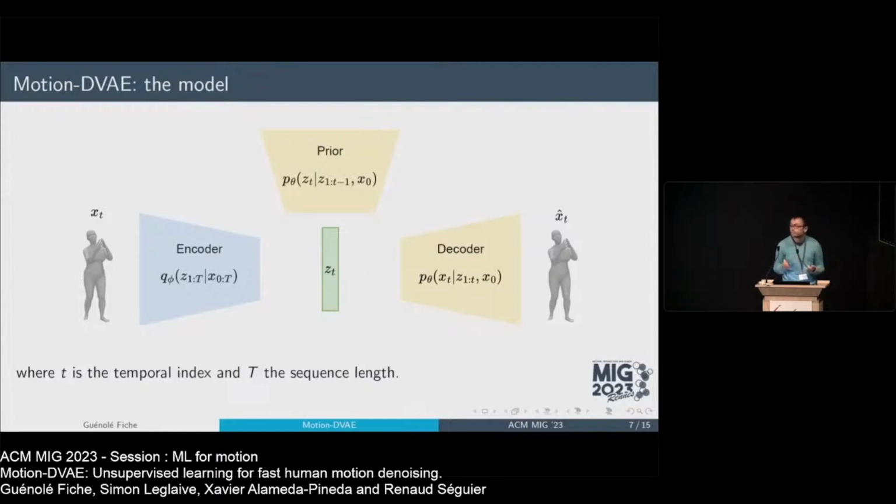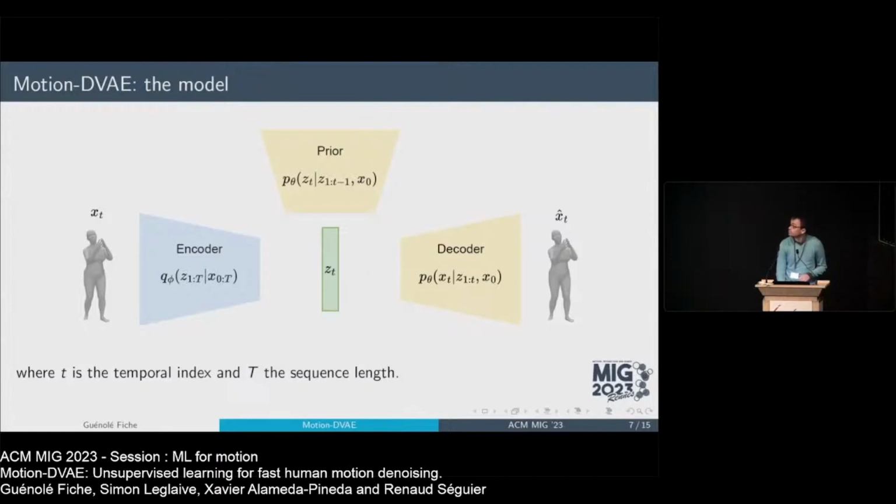So you can think of Z as a transition from xt minus 1 to xt. And we have then a prior distribution, which gives the distribution of zt depending on the past.